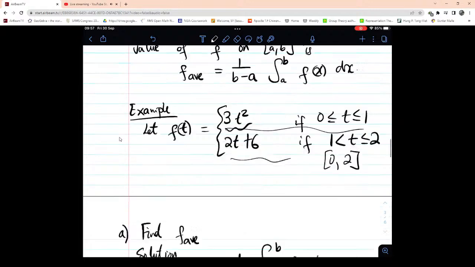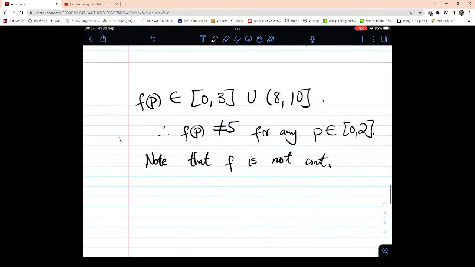So therefore, this happens when f is not continuous, but not always. If you are given a question and you can see the function is not continuous, it doesn't necessarily mean that there's no p such that this happens. But we've got a guarantee when f is continuous.